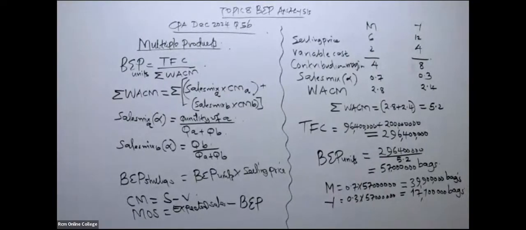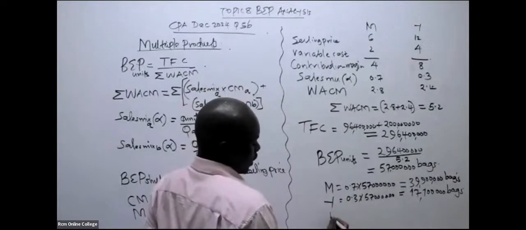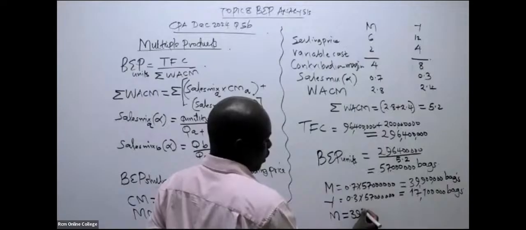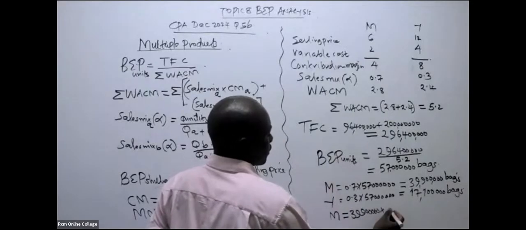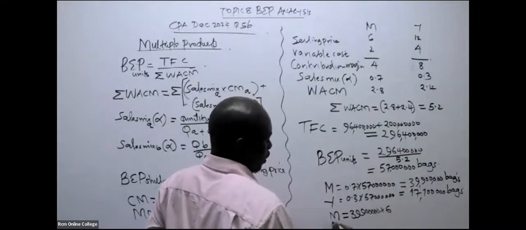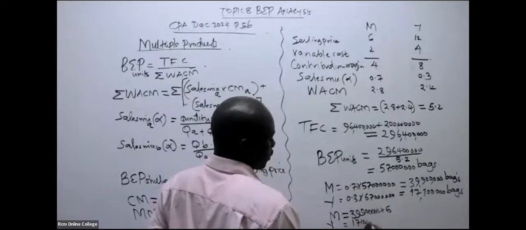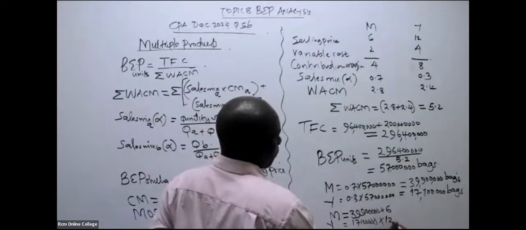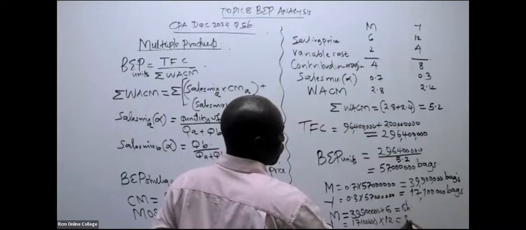So for product M, we take 39,900,000 and multiply by 6 shillings. Then product Y, we have 17,100,000 bags, and we multiply by 12 shillings per bag. So what is our break-even point in shillings?